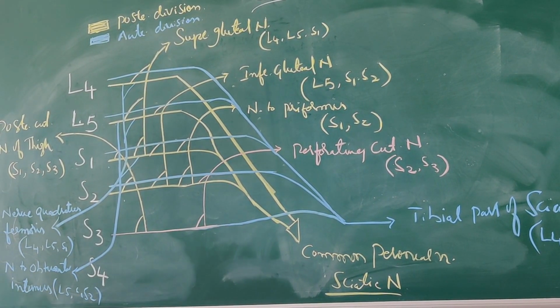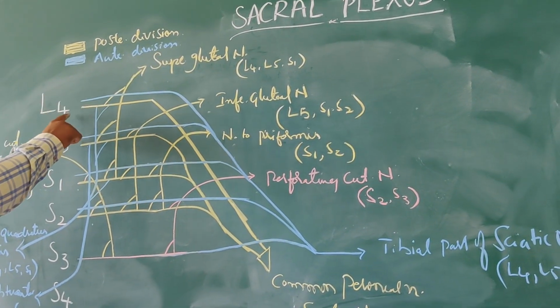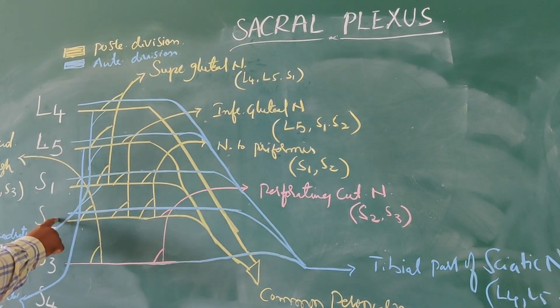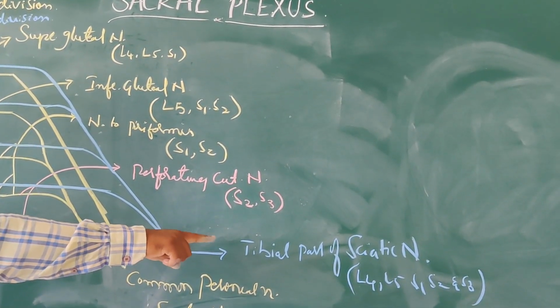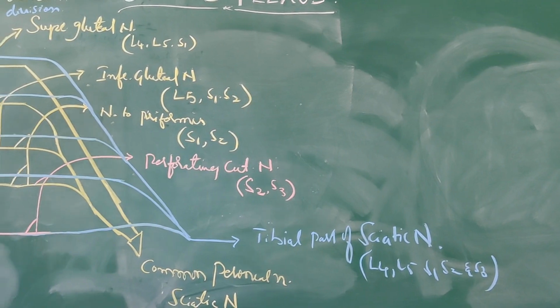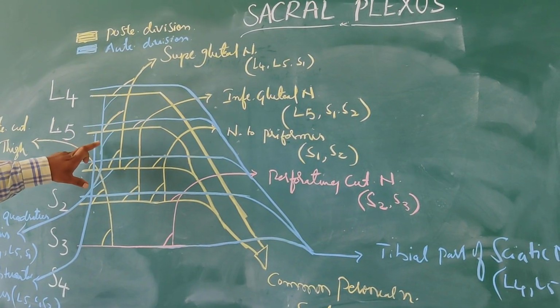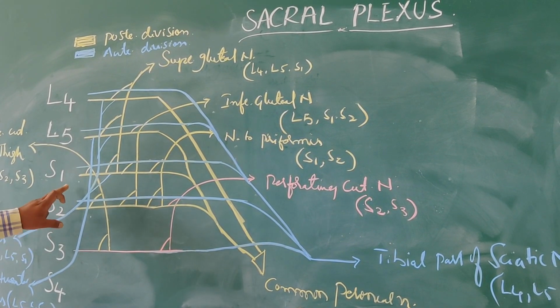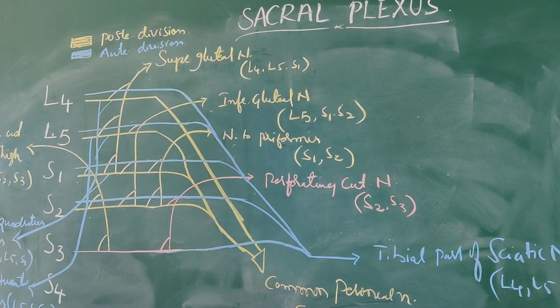So till here, what are the branches from the anterior division? The anterior divisions of L4, L5, S1, S2 and S3 unite and form the tibial part of the sciatic nerve. Root value is L4, L5, S1, S2, S3. Then the anterior divisions of L4, L5 and S1 form the nerve to quadratus femoris.